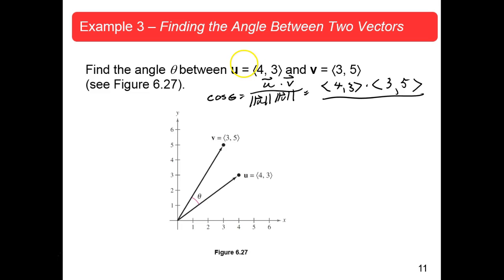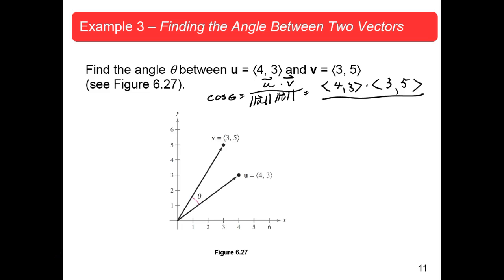In other words, the magnitude of U, which is the square root of U dot U. Can you do that in your head, or do you need to write it out? 4 squared is 16, plus 3 squared is 9, so 16 plus 9 is 25.